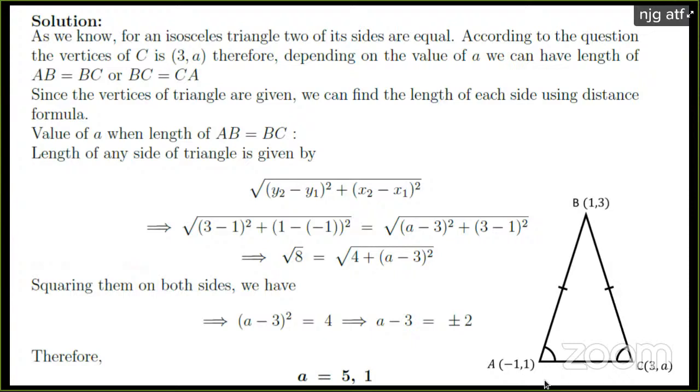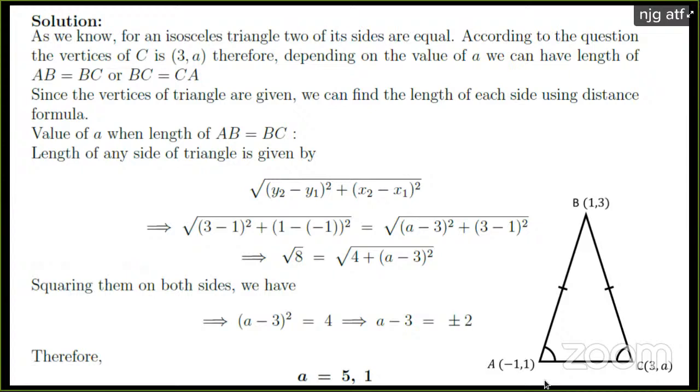In options we are just discussing AB equal to BC or BC equal to CA, so it is enough to check AB equal to BC and BC equal to CA. So let's find separately.